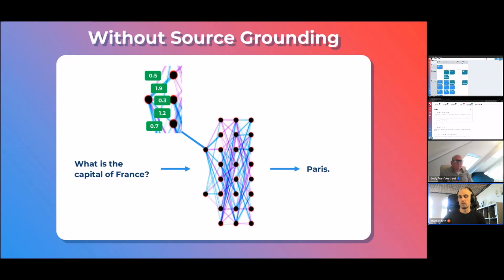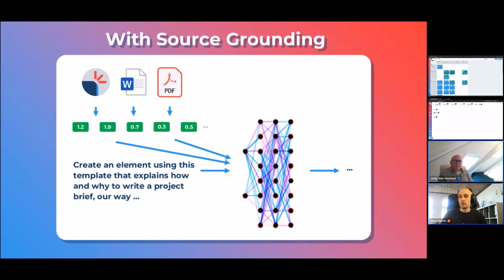It can just look in its parameters, get the relevant information, and answer your question. Whereas when you ask it a question that is specific to your information within a MethodGrid context, you're asking it for information about your project, that's not information the AI model will have initially been trained on. That information isn't in the model parameters, so we need to pass that in as part of the input in order for it to be able to answer questions about it or generate content based on that.